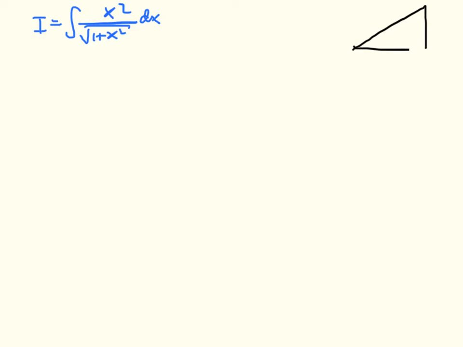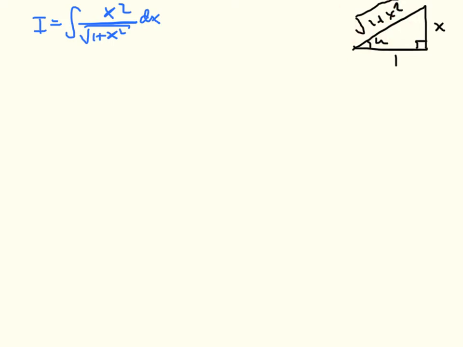So here's our angle u, and because here we have the sum of 2 terms in the square root, it is very natural to write the hypotenuse of the triangle here as the square root of 1 plus x squared. And then if we say here we have x and here we have 1, the sides of the triangle satisfy Pythagoras' theorem. 1 squared plus x squared is the square root of 1 plus x squared, all squared.